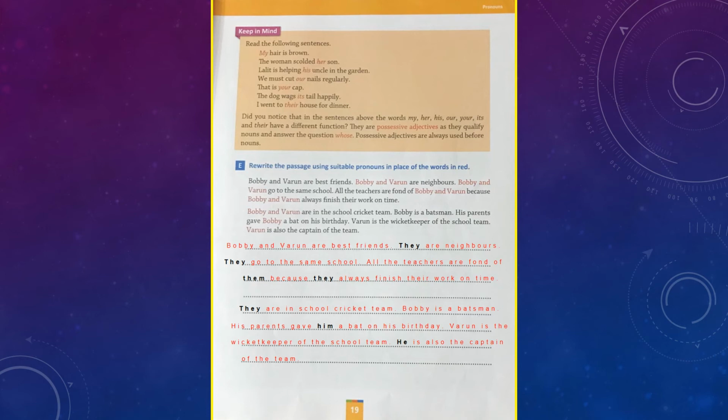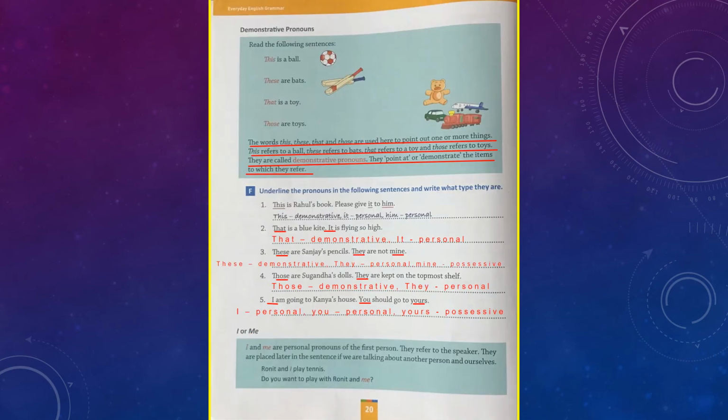Okay, let's move forward to page number 20. The third type of pronouns are demonstrative pronouns. Now, demonstrative pronouns are of 4 kinds: this, these, that, those. Let's underline the definition of demonstrative pronouns.